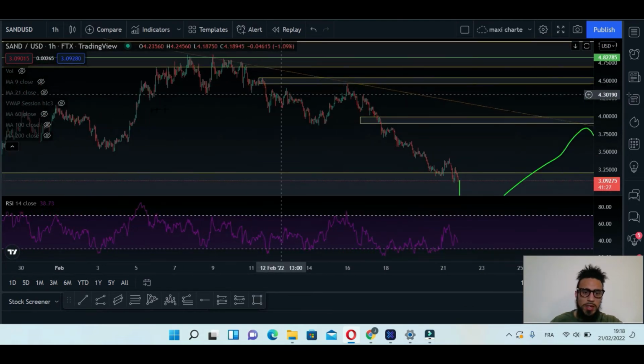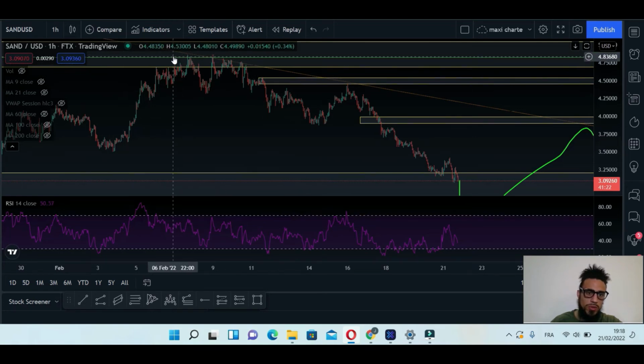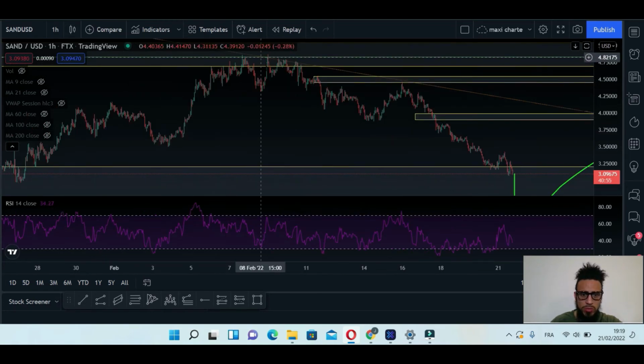You could see that it went up, retested this previous POI, that if you'd sold there, you would have sold at the top, and then it went all the way down to the next POI here, or you could have cut one of these little consolidation areas.